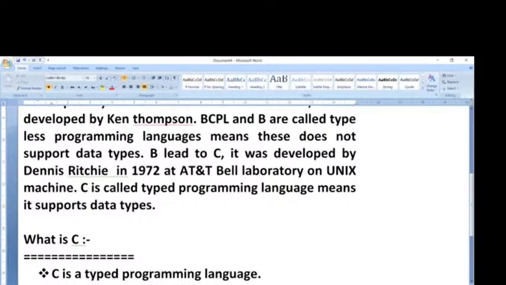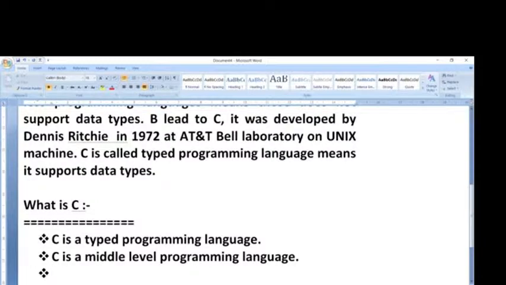C is a middle level programming language. What is the meaning of middle level? In C language, you can write the program using only zeros and ones, or by using simple English words also. So it can support both low level language features and high level language features. So it is called a middle level programming language.